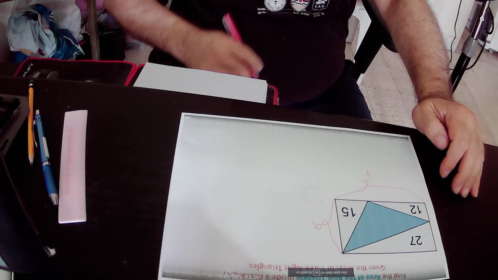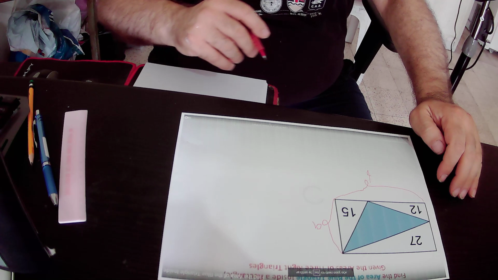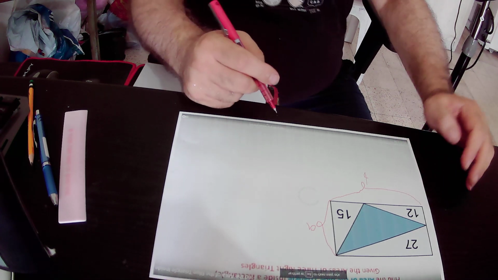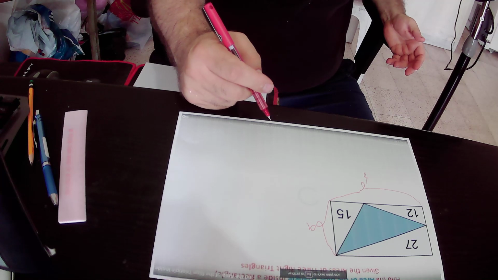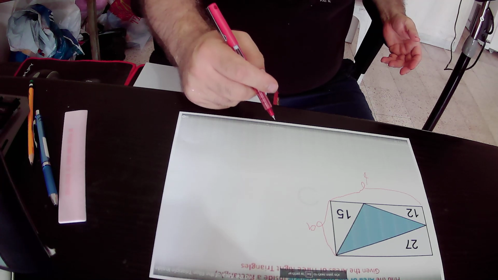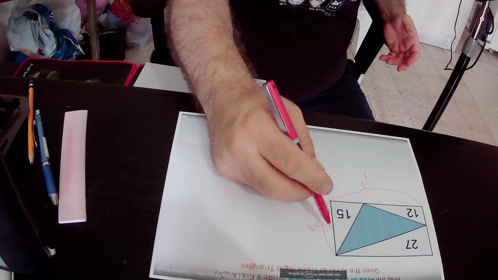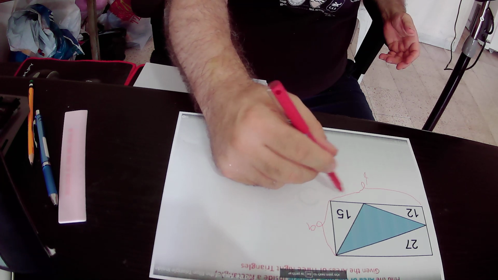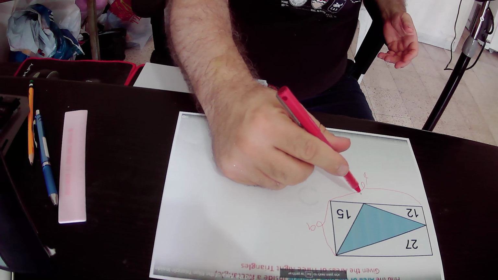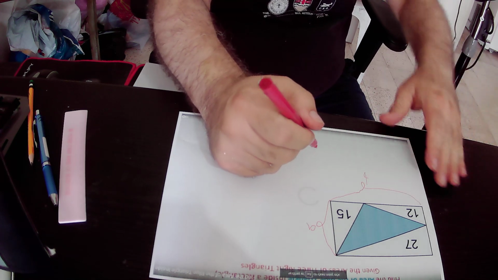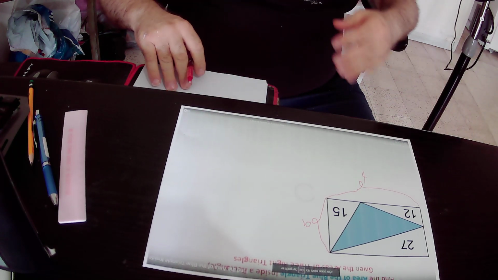As you already know, the width of a rectangle times the length of a rectangle equals the area of a rectangle.